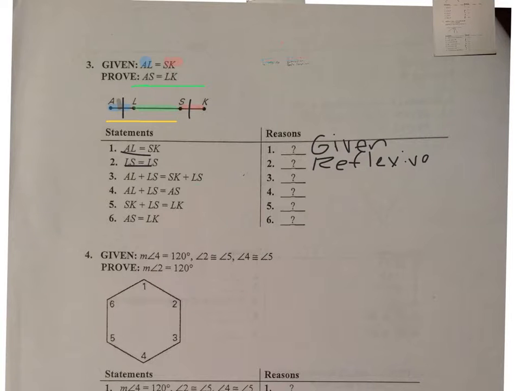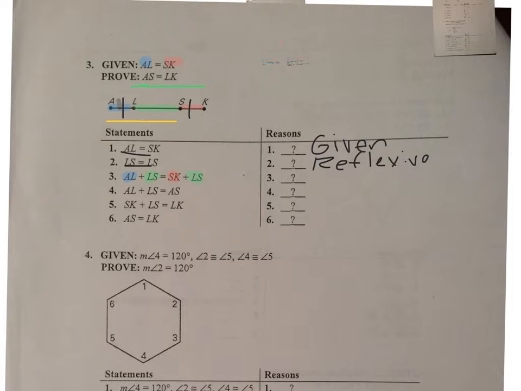Okay, so my next point here down the line says AL plus LS, so the blue plus the green, is equal to LS, the green, plus SK. All right, well, that makes sense.